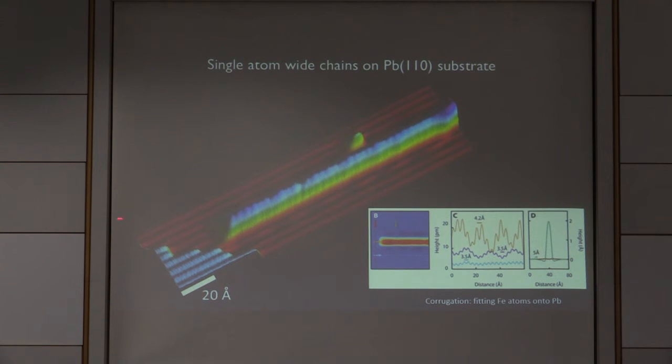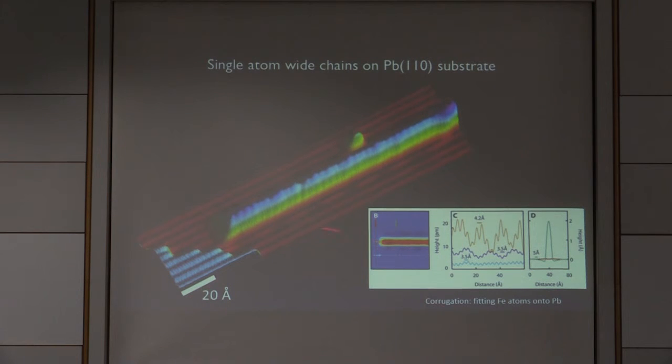So this is another 3D rendering of the same structure. Now you see this anisotropy of the underlying substrate, and you can see that the chains are growing in these rows of lead, which are formed by this anisotropy of the 110 crystal.